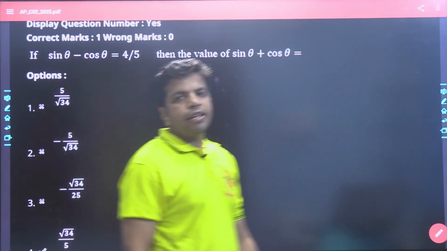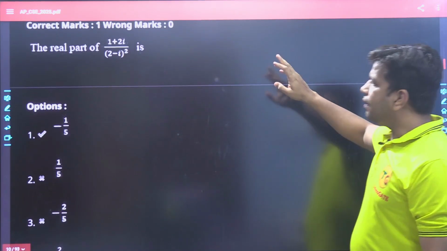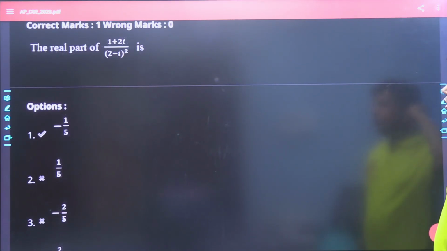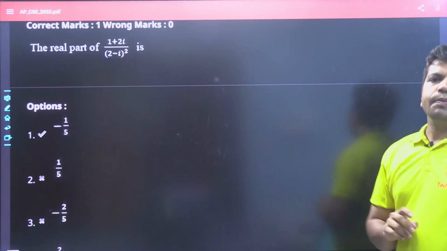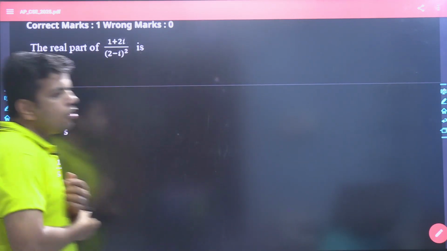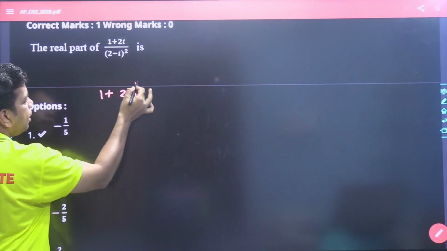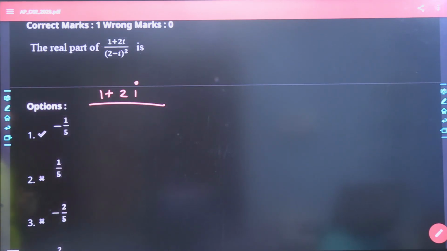Now see, the next question: the real part of this is what? There is an imaginary part as well as a real part, so we need to solve this equation and find out the real part. First of all, it is 1 plus 2i, and in division this is 2 minus i whole square.